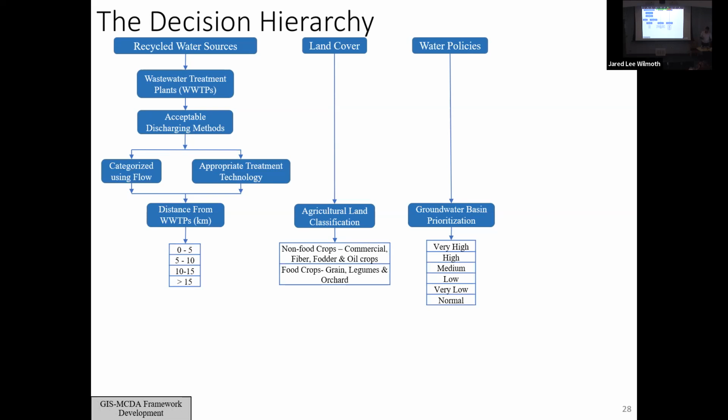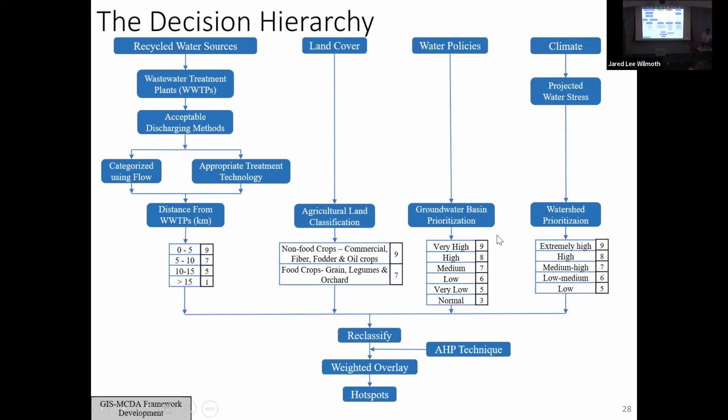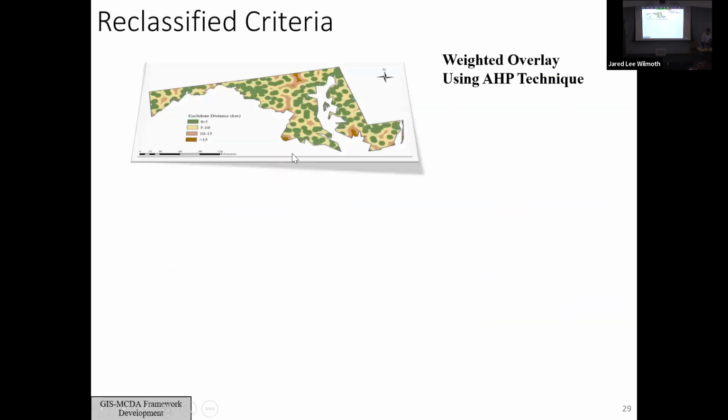So you're only allowed, for example, to irrigate grains and those types of crops. You cannot irrigate vegetables with treated wastewater. And we looked at the climate impact and watershed prioritization based on the climate impact. Same process, we combined those and classified spatially to identify the hotspots that are most suitable for agricultural water use.